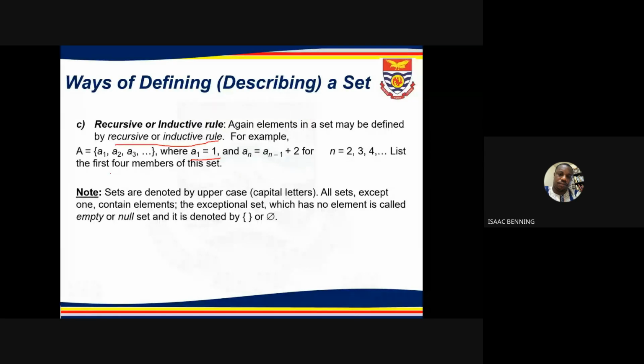For example, we have a set A, which is A1, A2, A3, up to infinity, where A1 is 1, and A subscript n is equal to A subscript n minus 1 plus 2, for n equal to 2, 3, 4, 5, up to infinity.